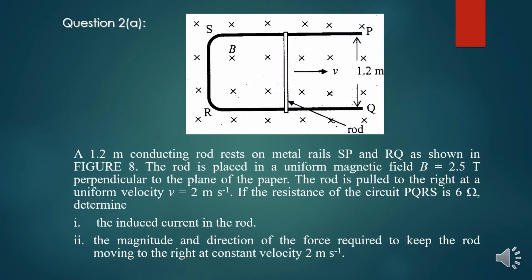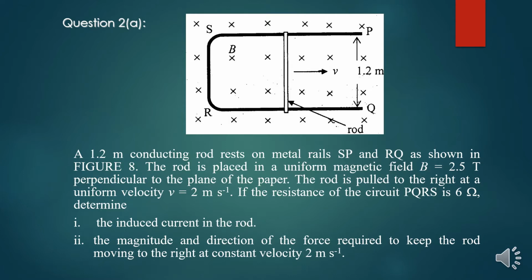For question number 2, a 1.2 meter conducting rod rests on metal rail SP and RQ as shown in figure 8. The rod is placed in a uniform magnetic field B equal to 2.5 Tesla perpendicular to the plane of the paper. The rod is pulled to the right at a uniform velocity V equal to 2 meter per second.